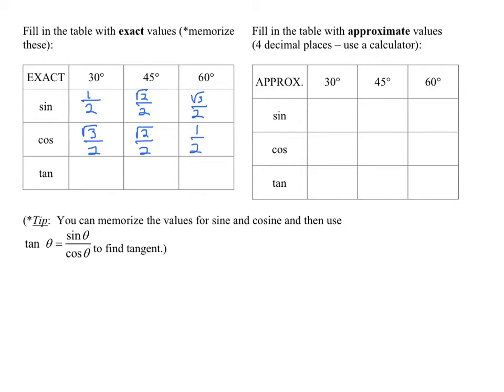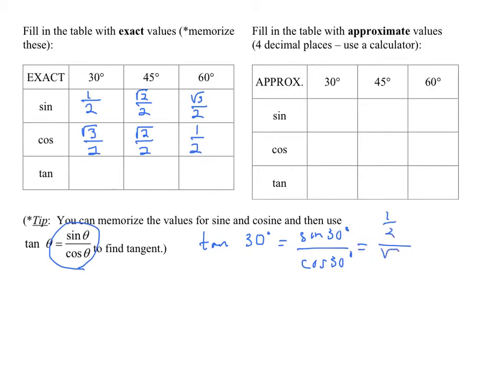Now the tangent, this cool thing is tangent is sine of an angle over cosine of an angle. So the tangent of 30 is the sine of 30 over the cosine of 30. Well, the sine of 30 degrees is 1/2.